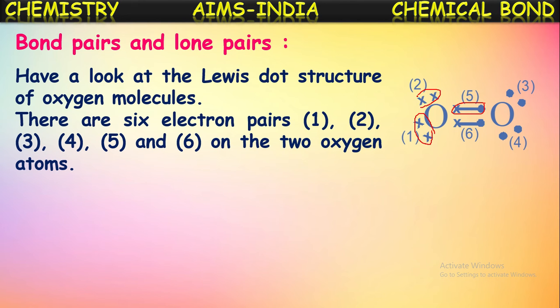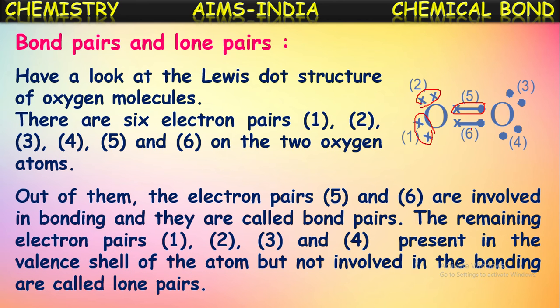So one pair, two pairs, three, four, five, six, they are numbered here. Out of these, electron pairs 5 and 6 are involved in the bond formation, and hence they are called bond pairs of electrons. These two pairs are participating in the covalent bond formation.